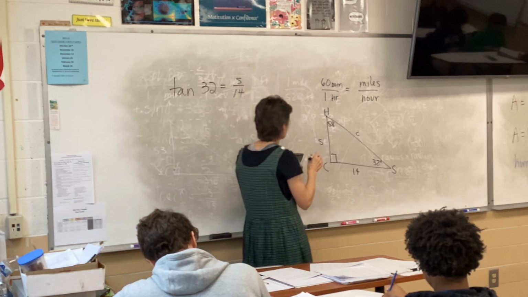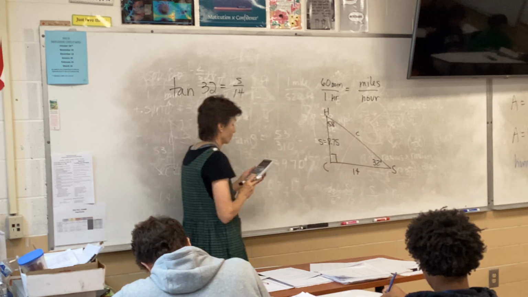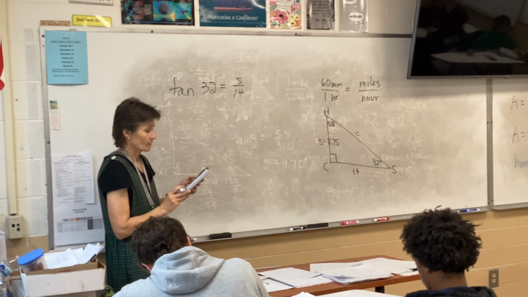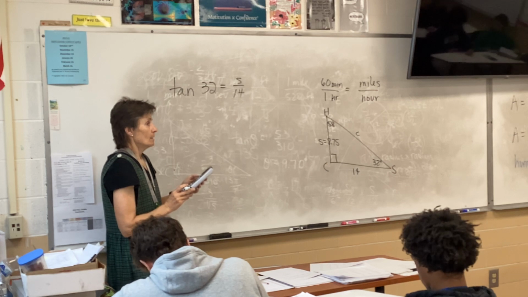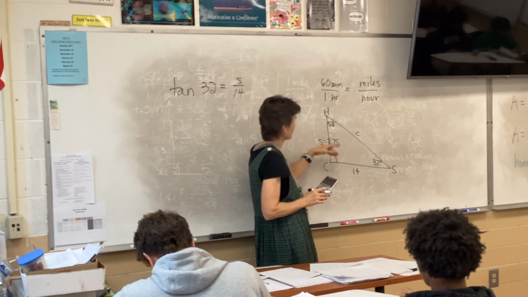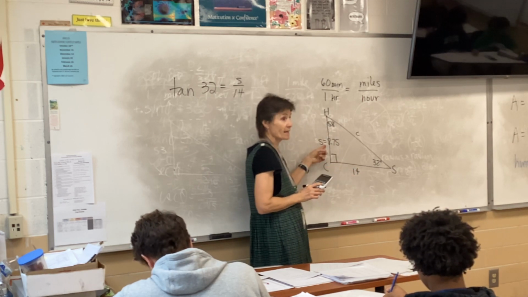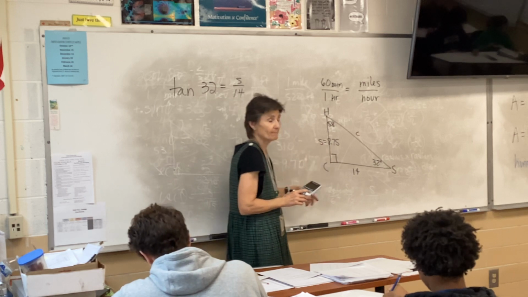I got 8.75. Did you? If we add labels, like when we do word problems later on in chapter 5, this will be 14 miles, so this would be 8.75 miles, right?